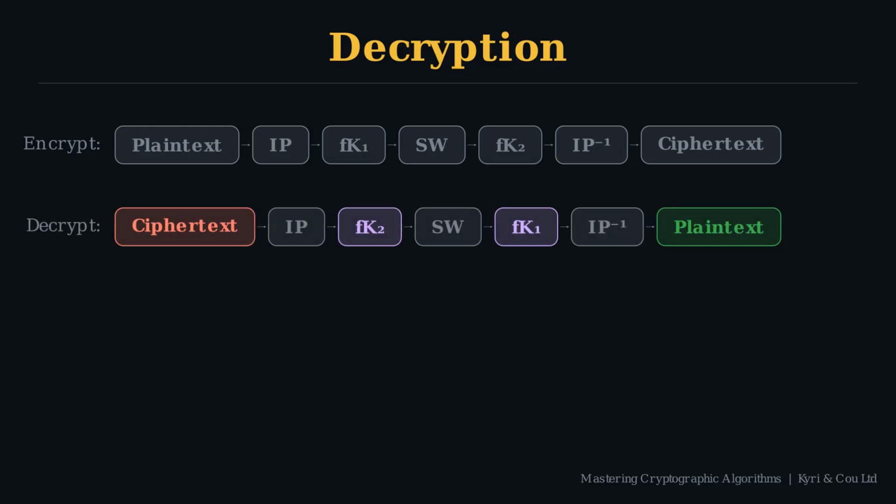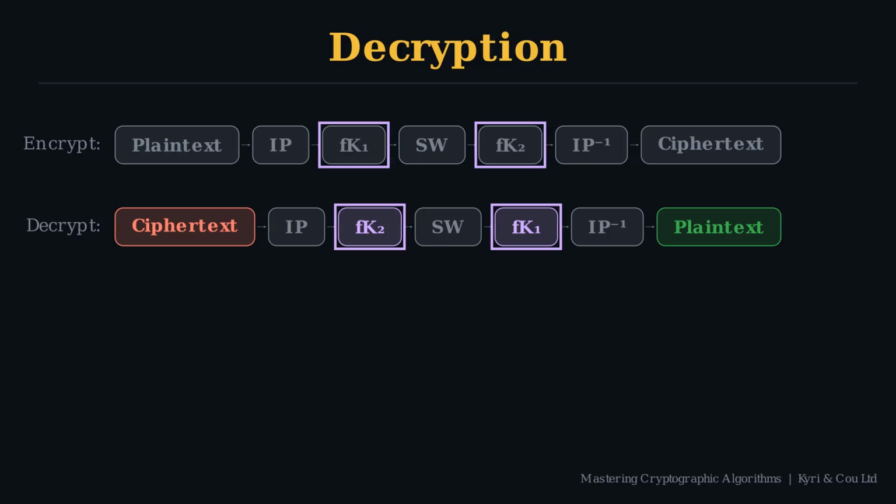Decryption reuses the entire circuit, the same IP, the same Feistel function, the same S-box tables, and the same IP inverse. Only one thing changes, and that's the key order. K2 feeds the first round now, and K1 feeds the second. Why does that unwind everything? Well, look at what F's output actually does. It never overwrites anything. It's only ever XOR'd onto one half, while the other half passes through untouched.